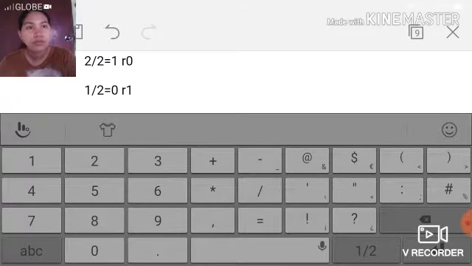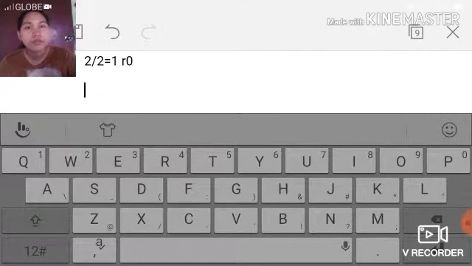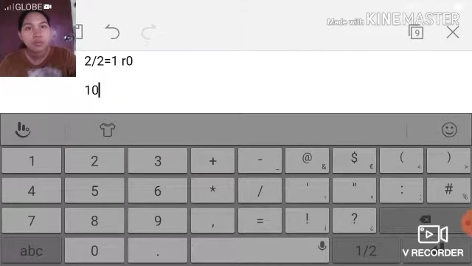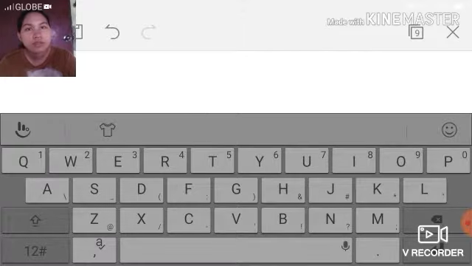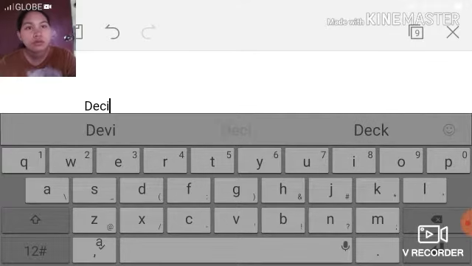The answer will be 101011100. So that is the binary of 348. So let's proceed to decimal to octal.